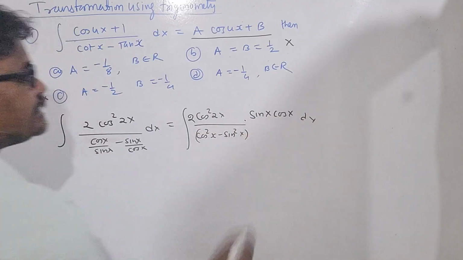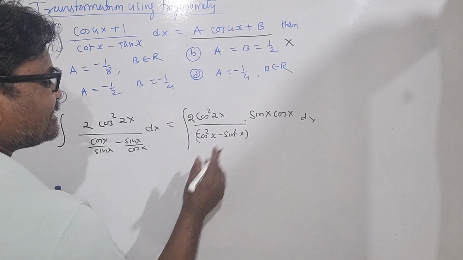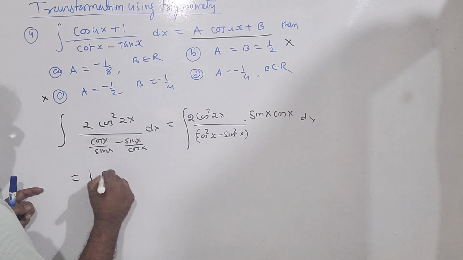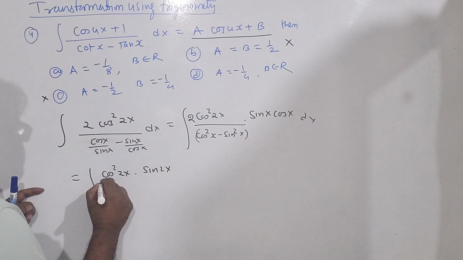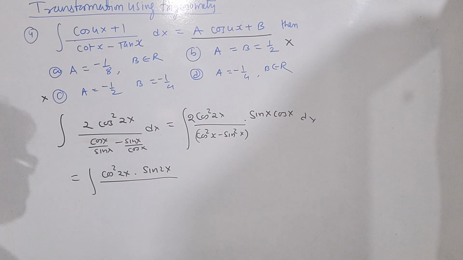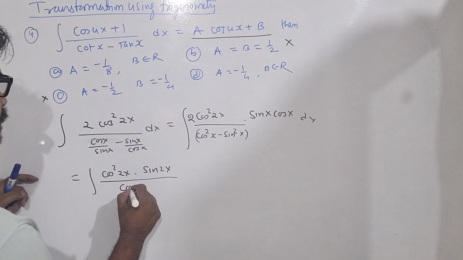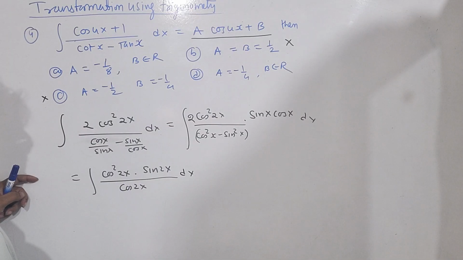So this 2 sin x into cos x will be sin 2x. And this is also cos 2x, correct or not? So therefore here I am writing cos square 2x into sin 2x divided by cos square x minus sin square x is again cos 2x dx, correct. One cos 2x will get cancelled here, clear?